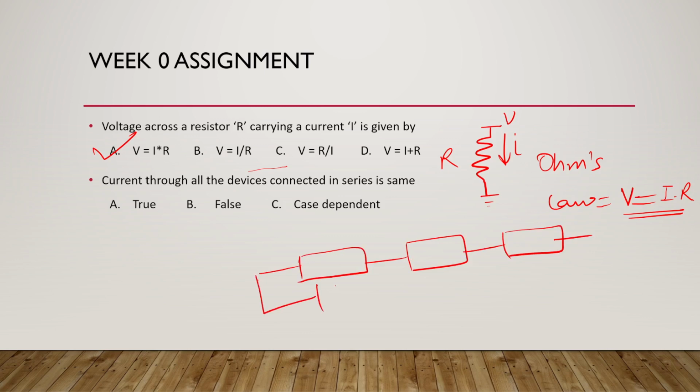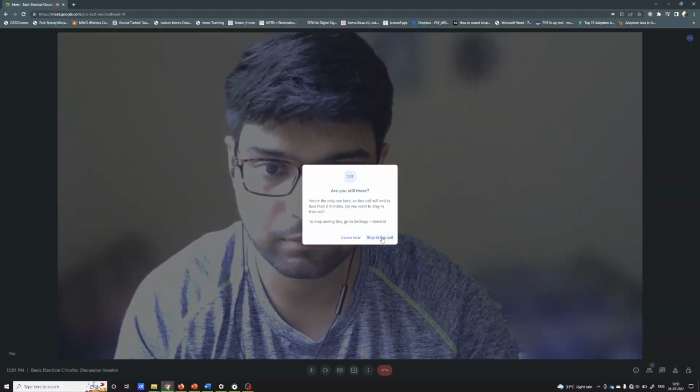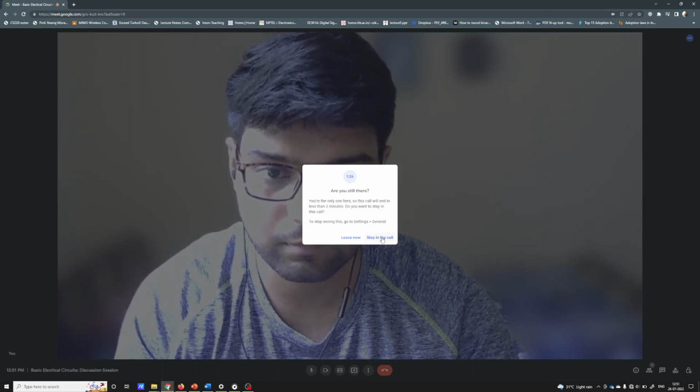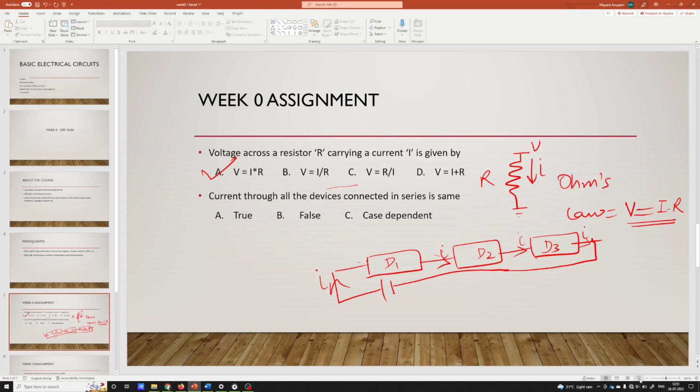So all these devices, when connected through a voltage source, when the current through all these devices is the same, you see this is also I, this is also I, this is also I. At that time we say that all these three devices, device 1, device 2 and device 3, are in series connection.